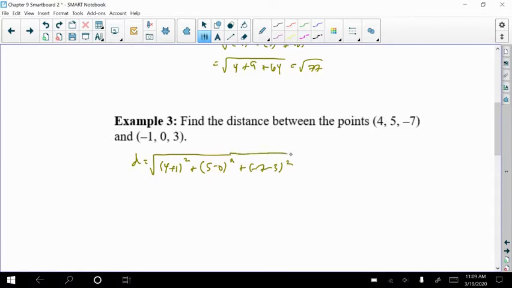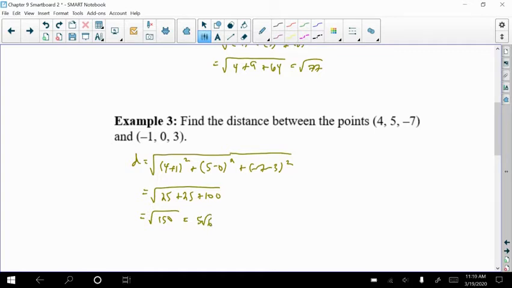So now I have the Pythagorean theorem, just extended to the third dimension. So, the square root of 25 plus another 25, and then negative 10 squared is 100. So it's the square root of 150. If you want to simplify that, that is 25 times 6, so that is 5 root 6.